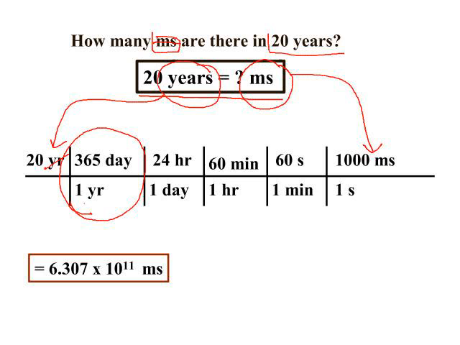Again, 1 year equivalent to 365 days, 1 day equivalent to 24 hours, 1 hour equivalent to 60 minutes, 1 minute equivalent to 60 seconds, and 1 second equivalent to 1,000 milliseconds. And after we do the calculation, we get 6.307 times 10 to the 11th milliseconds.